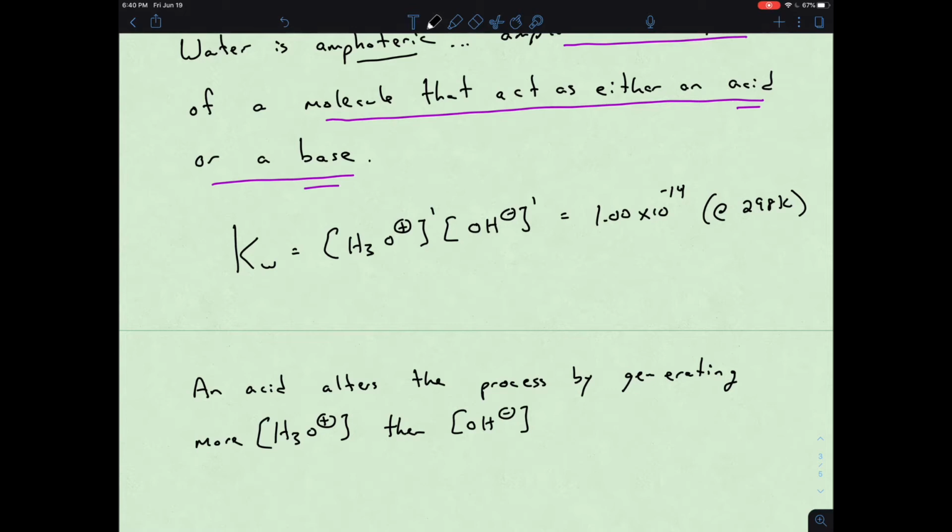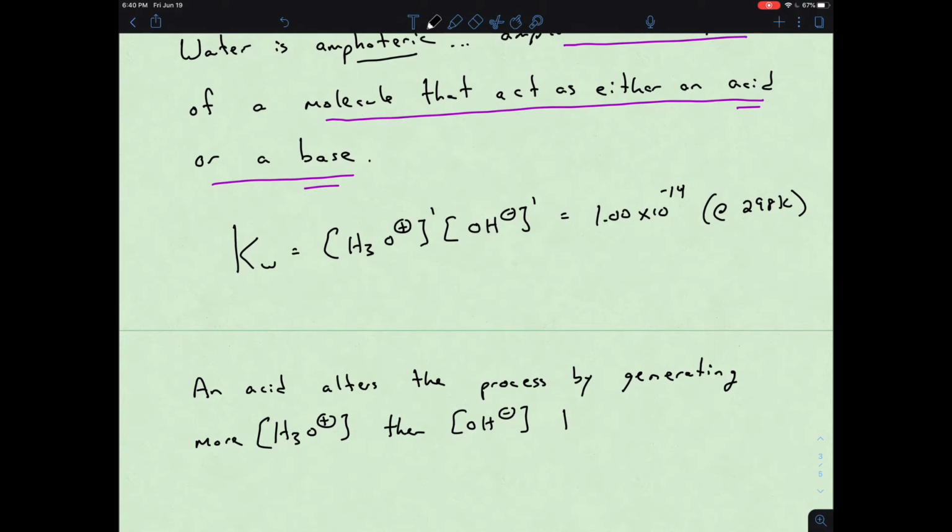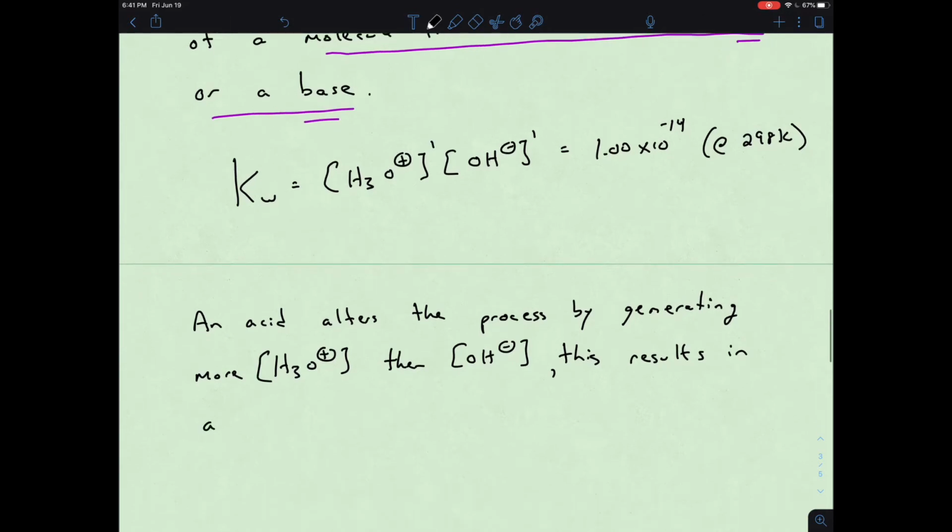So that's how an acid alters the process. It does so by generating more hydronium ion than hydroxide, and this results in an acidic solution.